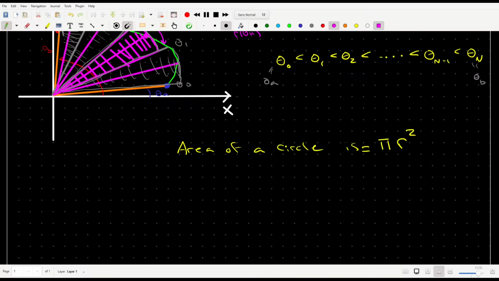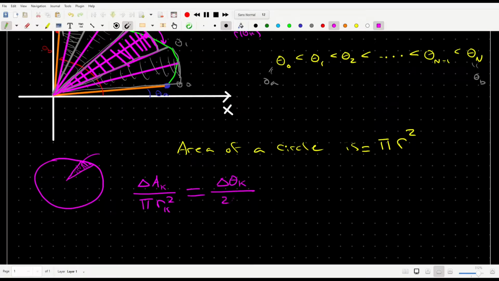So for a general circle, if I want the area of just a segment of the circle, I can look at the fact that the area of this segment, delta A k, over the total area of the circle, pi times r k squared, has to match the ratio of angles, which is delta theta k over 2 pi.